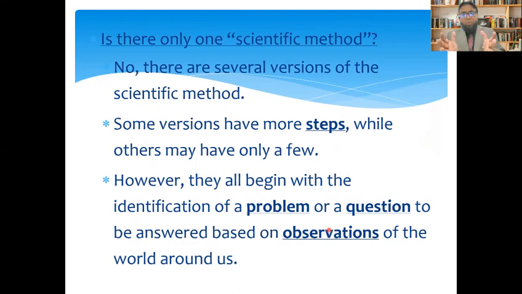You ask the question when you see your surroundings, that what's going on, and then you try to answer it. So you ask the question, you observe, and based on that you perform an experiment, and based on the experiment you find out the facts.